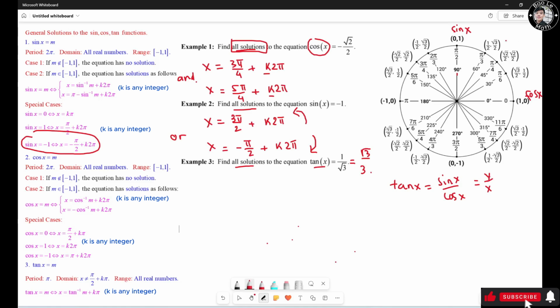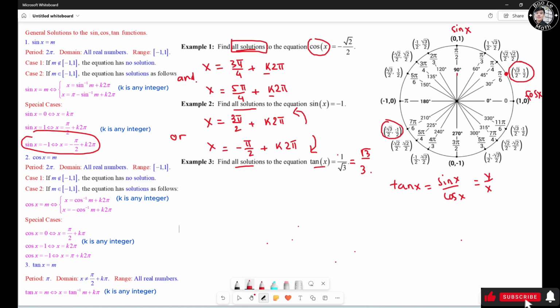So you look for the ordered pair where y divided by x equals root 3 over 3. So it's actually pi over 6 right here. And this guy right here.